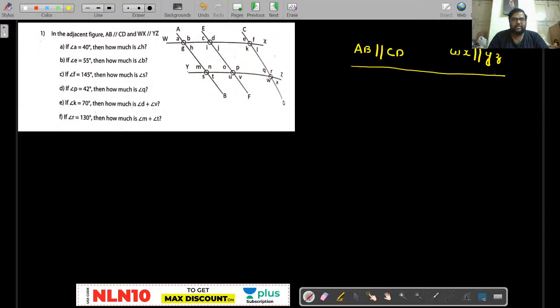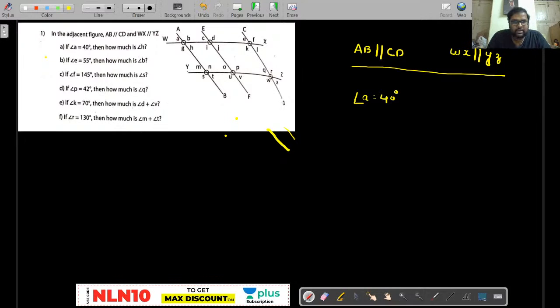Now observe here, what is the first question asked? If angle A is equal to 40 degrees. Now for your sake I will expand it. Right, observe here, if A is equal to 40 degrees, then how much is angle H is the question asked.